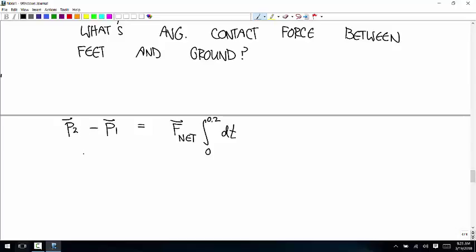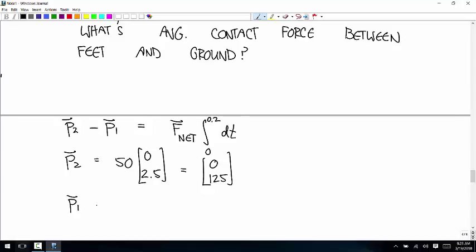At instant 2, the momentum is the mass times the velocity of (0, 2.5). So that's (0, 125). At instant 1, the person's starting the jump, so the speed is 0. And so this is just (0, 0).